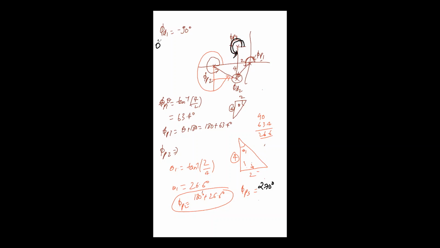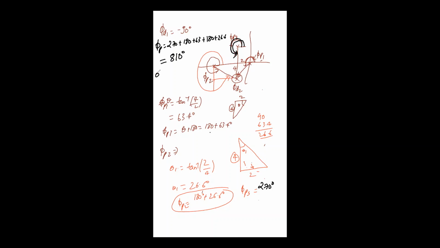So finally phi p will be 270 degree plus 180 degree plus 63 degree plus 180 degree plus 26.6 degree. So finally phi p will come out to be 810 degree.